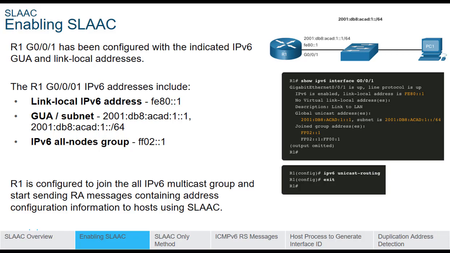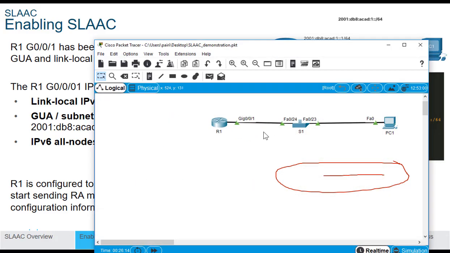If you look down here, you can see we have ipv6 unicast-routing. That keyword there is meant to enable IPv6 on a router. So let's not forget to do that.